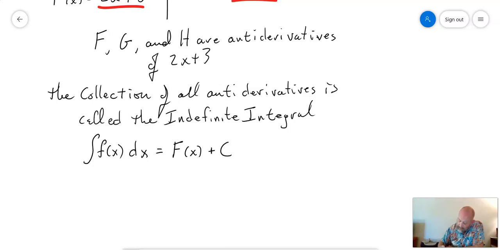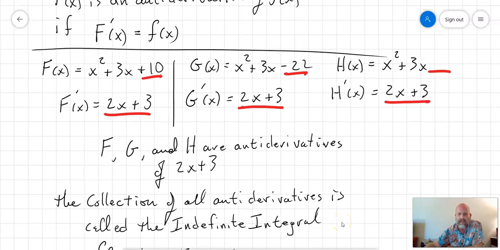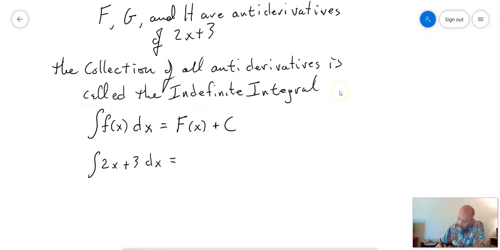So, for example, if I wanted the integral of 2x plus 3 dx, what we saw up on the screen above is that the one thing that's constant there is the x squared plus 3x. So this is definitely going to have an x squared because that's the integral of 2x.